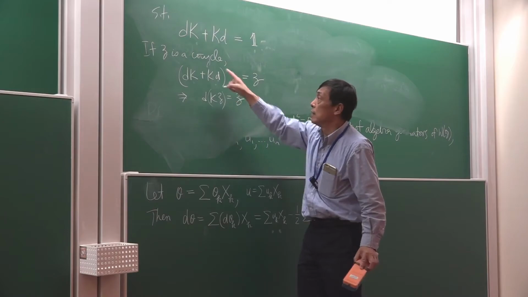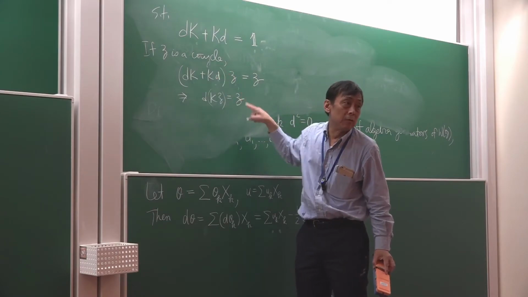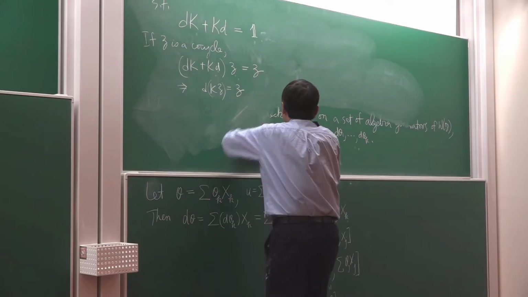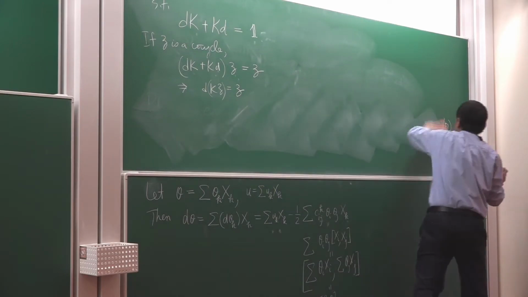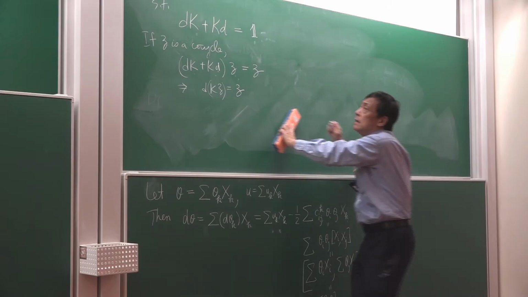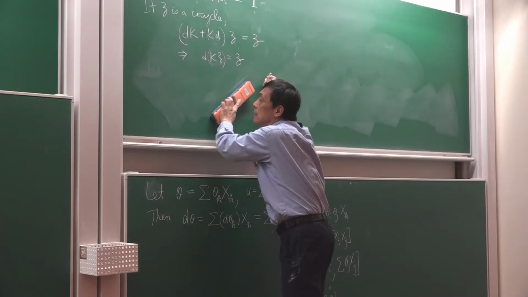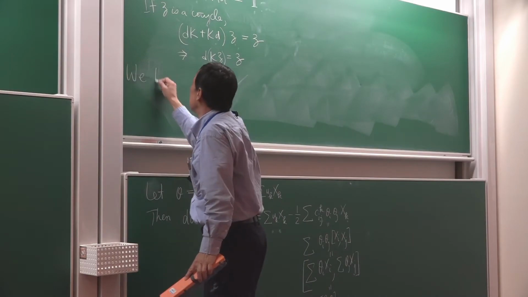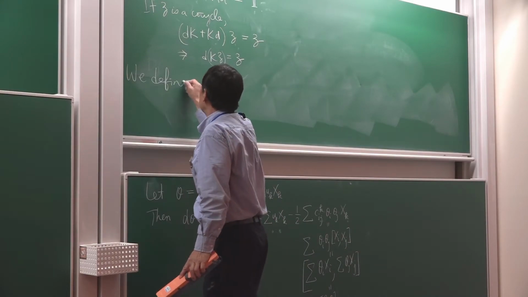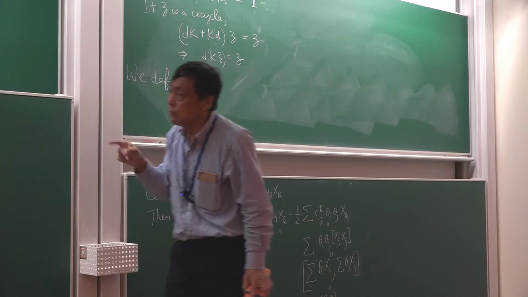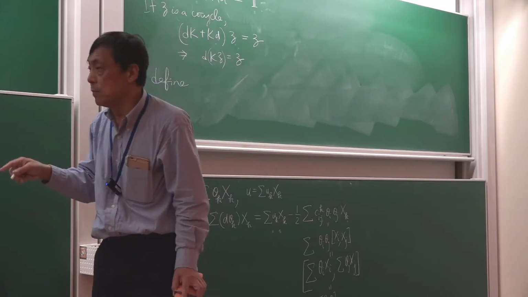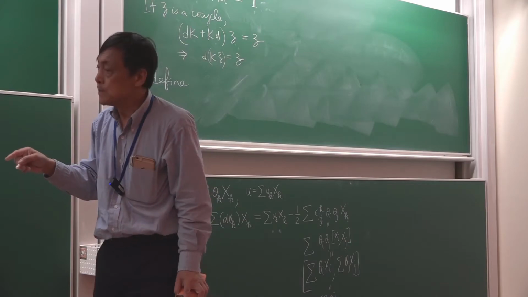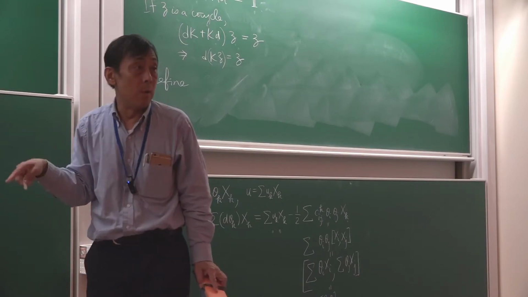So it will show that every cocycle is a coboundary, okay? All right? And so we just need to find such a cochain homotopy that reduces the degree by 1.